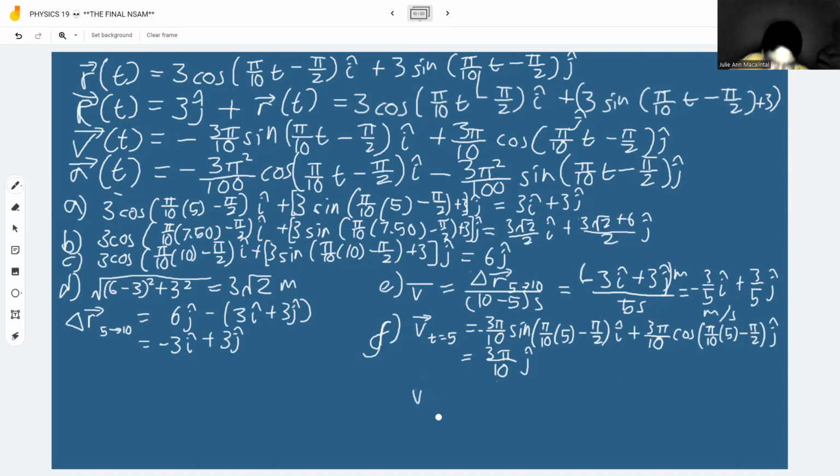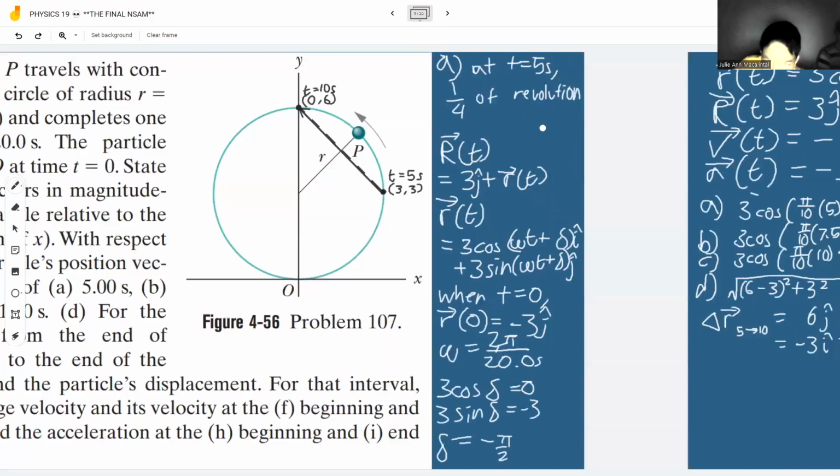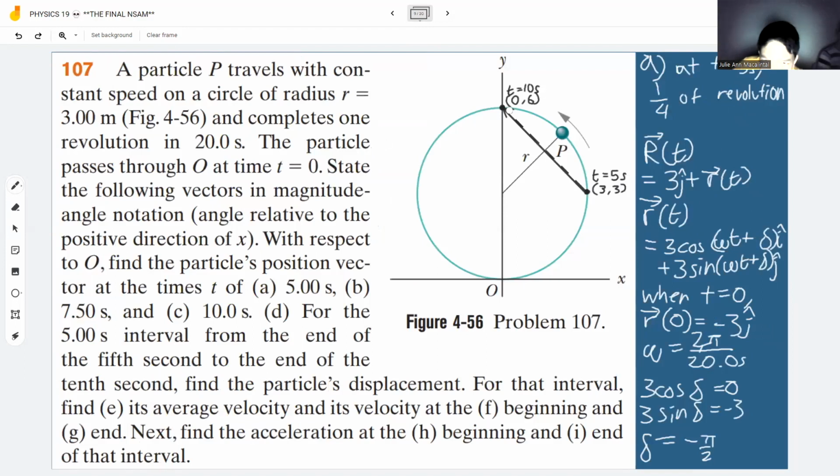Sige. Ngayon, sa situation na to, constant speed yung particle, di ba? So what do you expect about yung velocity at t equals 10? So we know the speed, it's 3 pi over 10. Okay, at t equals 10, nasa taas, di ba? Ano yung direction ng velocity dyan sa diagram? So pointing to the left.